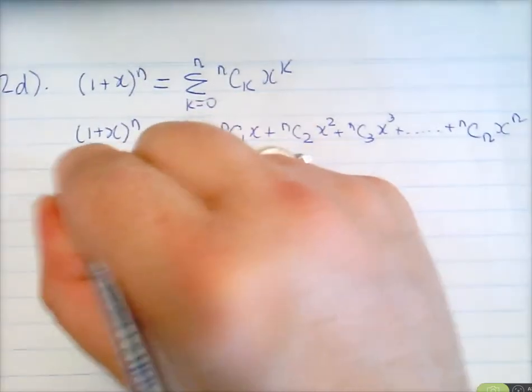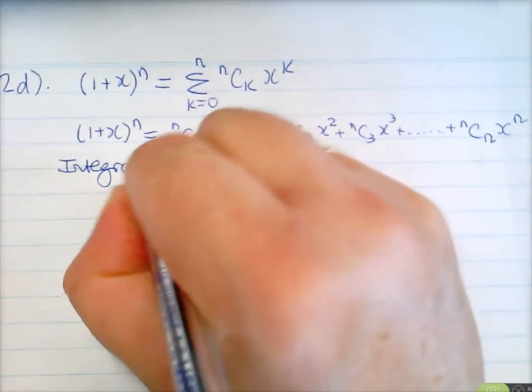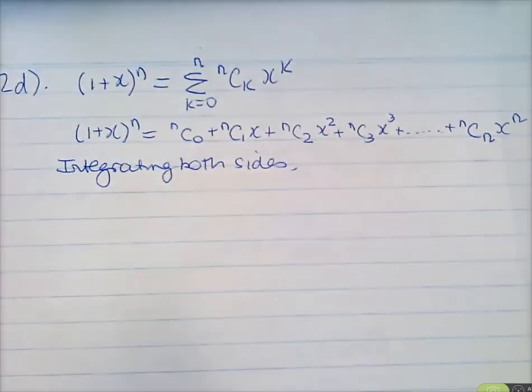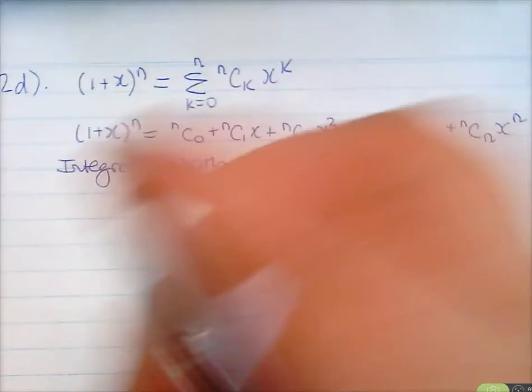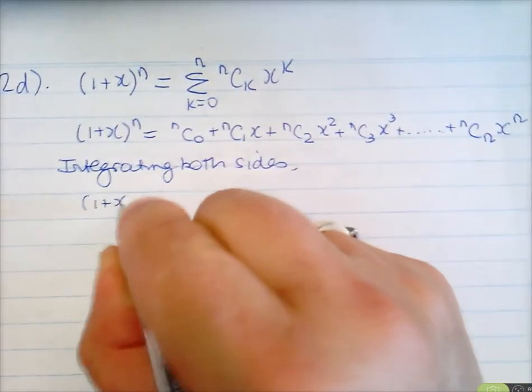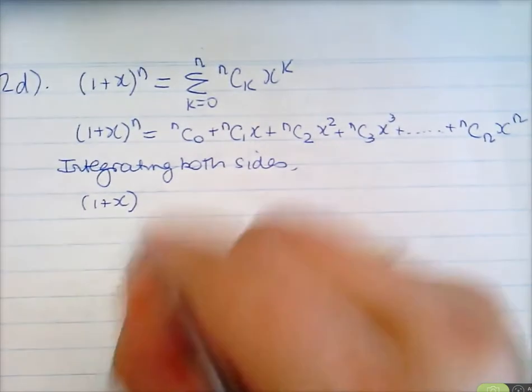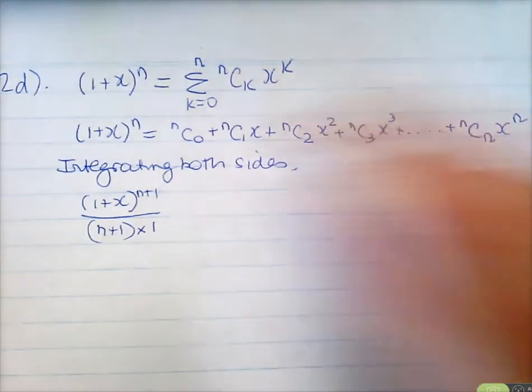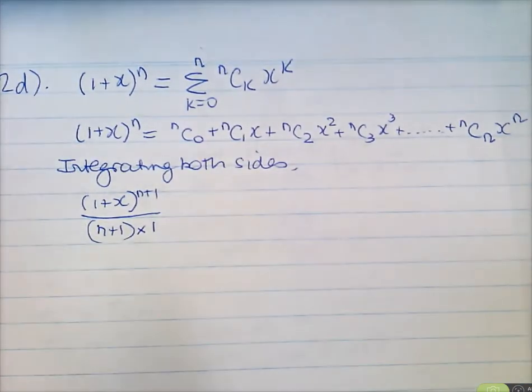Now it says to integrate both sides. So integrating both sides, they've got the k on the left, so we're going to stick the k on the left. So what do we get? 1 plus x to the n plus 1 over n plus 1 times the coefficient of x, which is 1. Because when you're integrating ax plus b to the power of n, you get ax plus b to the n plus 1 over n plus 1 times the coefficient of x.